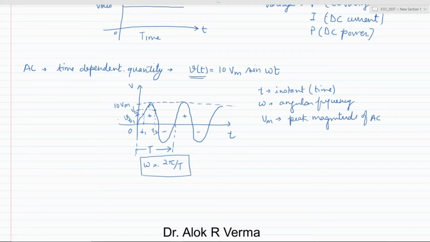So these are the AC quantities, and AC quantities are represented as small case letters.